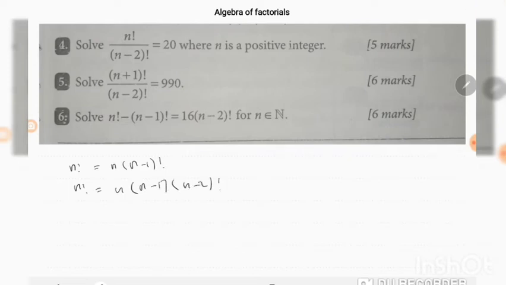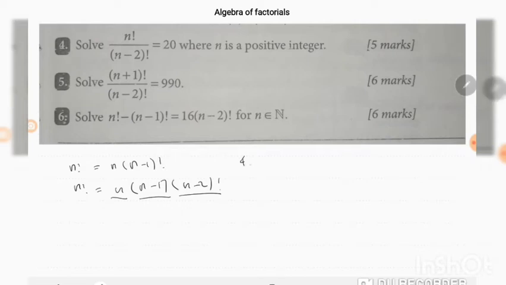So in this question, n factorial we can change into n times n minus 1 times n minus 2 factorial. This is the key point, and then you can solve number 4.